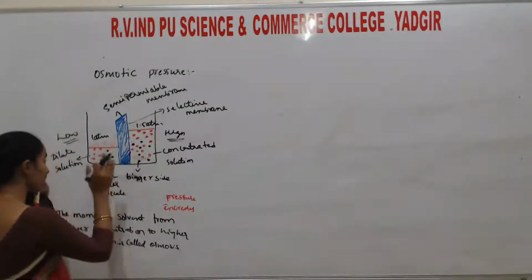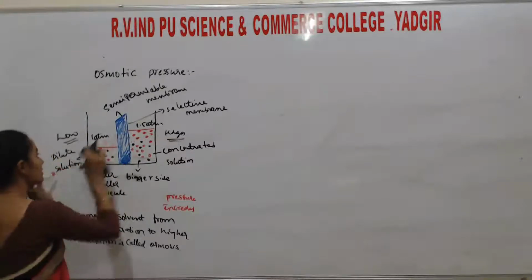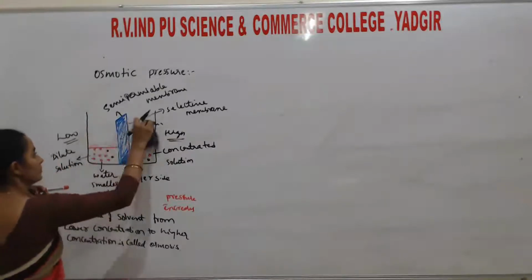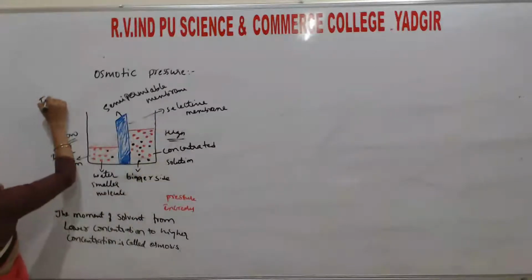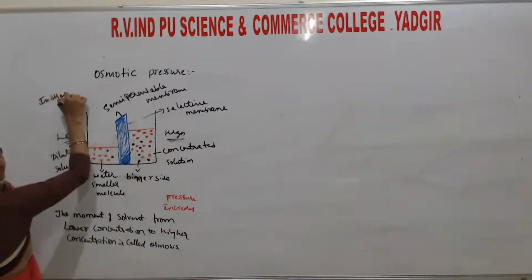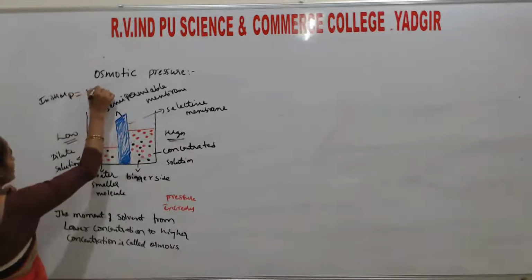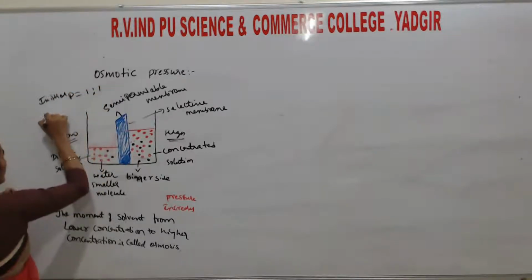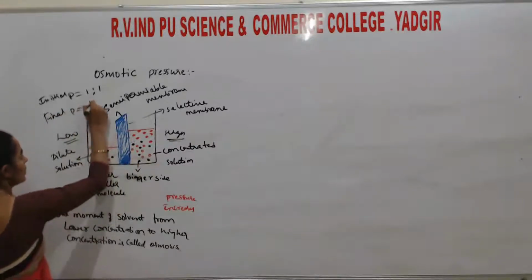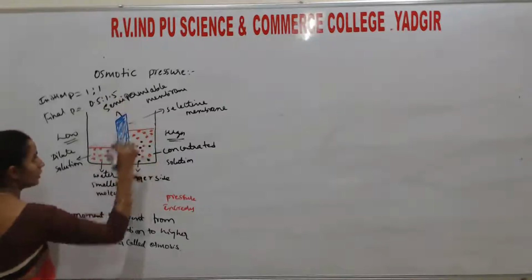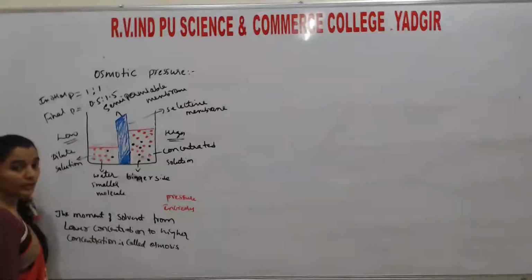So initially both are 1, 1. After that, this becomes what? And right here, initial pressure both sides 1:1. Final pressure, final means after this, 0.5 to 1.5. Here 0.5 pressure increases.